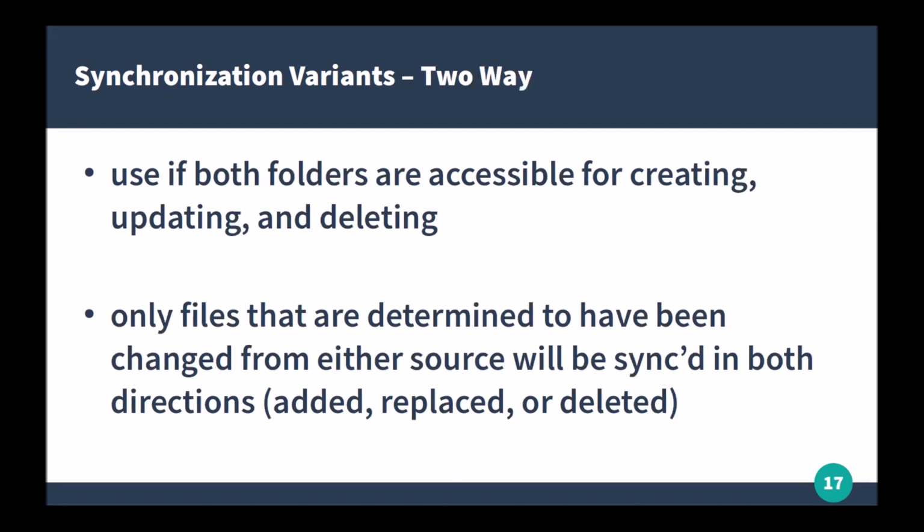You also have an option for two-way syncing. And this is going to make sure that both sides, it's like a double mirror is what it would be. Because if there's something on the target side that's not on the source side, it's going to bring that one back over. Now, why would you use it?